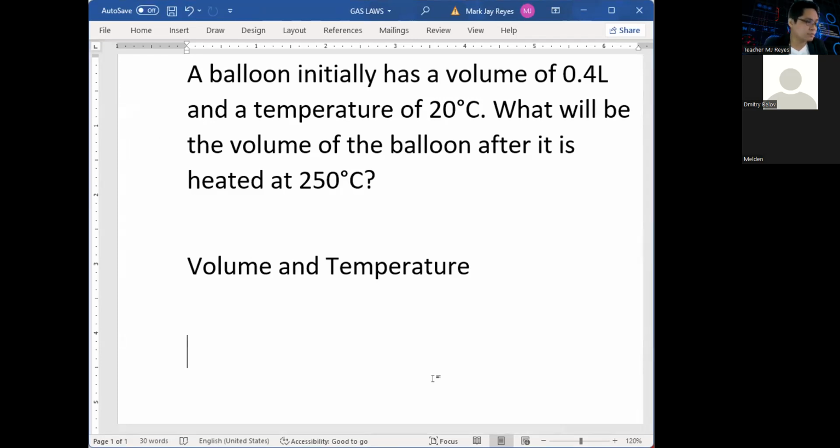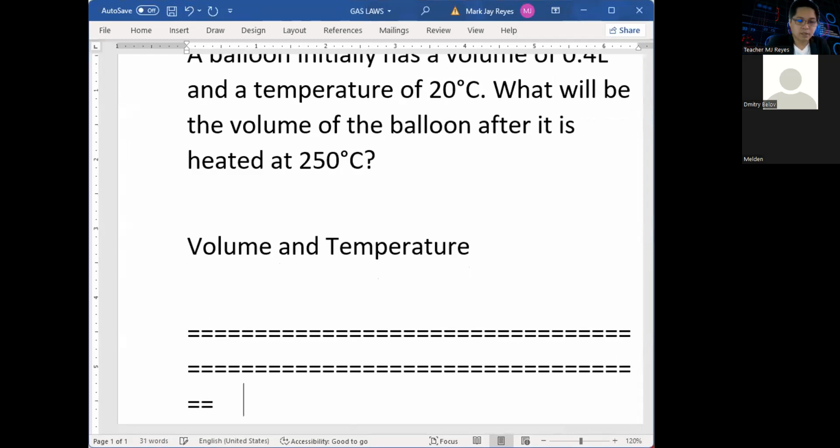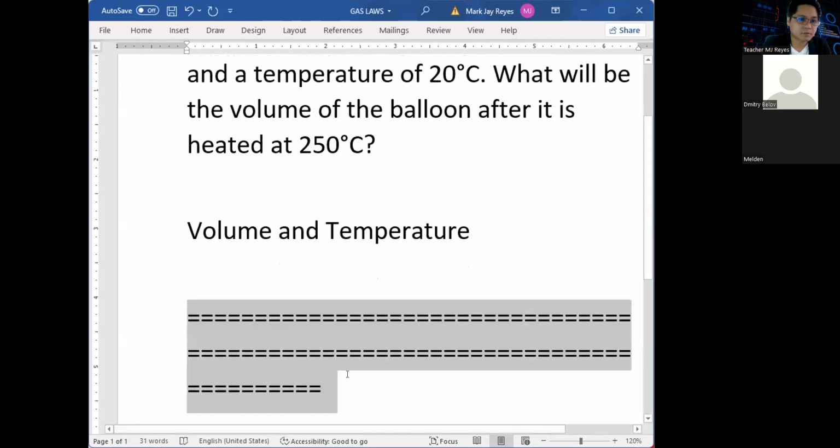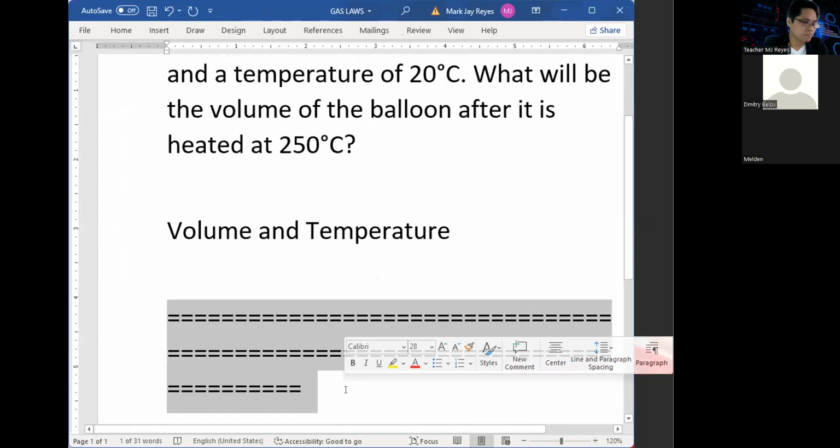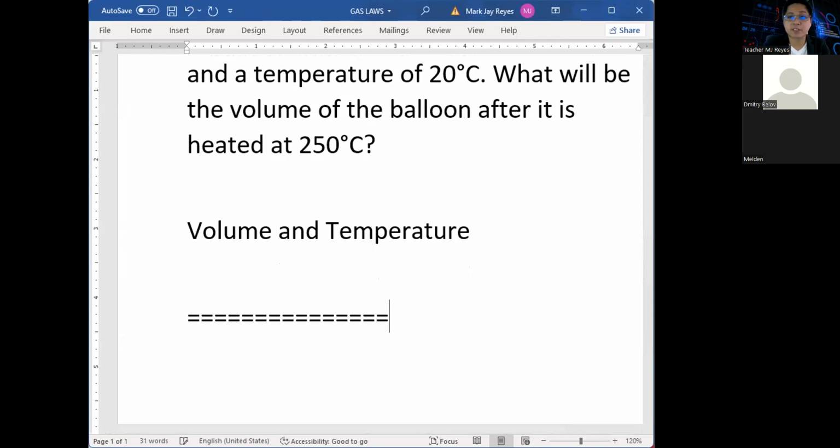According to Charles' law, volume and temperature are directly proportional. If volume goes up, the temperature also goes up.